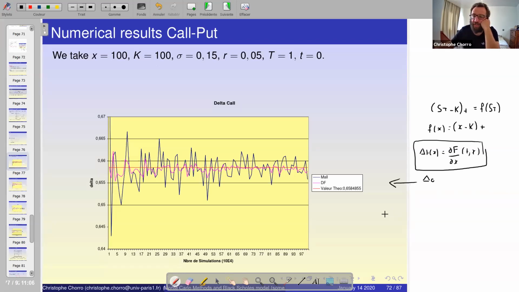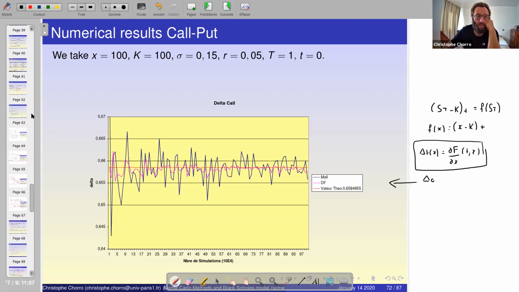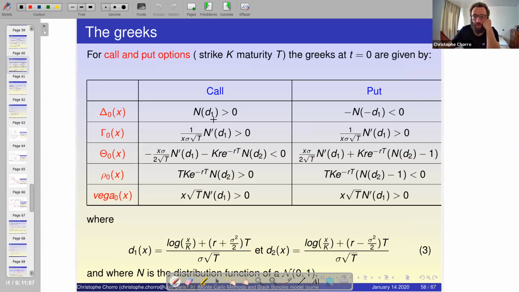What is nice is that for the Black-Scholes model, I can compute this delta 0. It's exactly something that I have already shown you. I have this formula here: delta 0 is equal to this one in the case of a call.